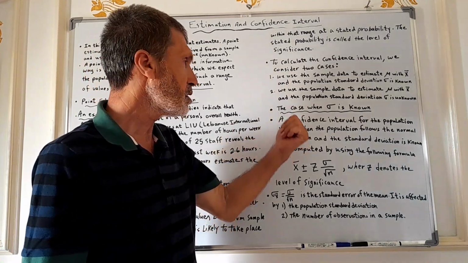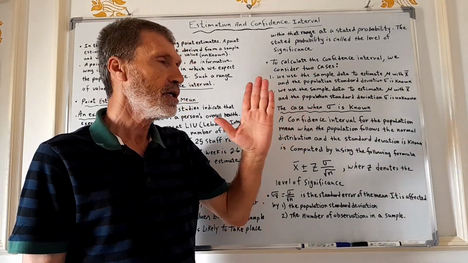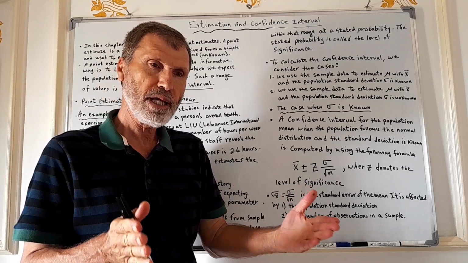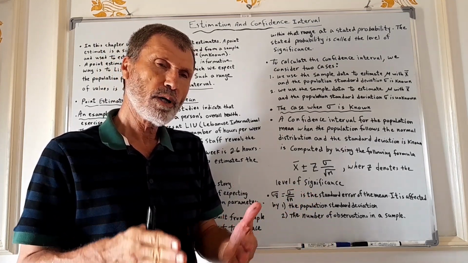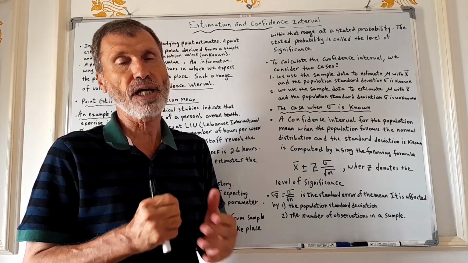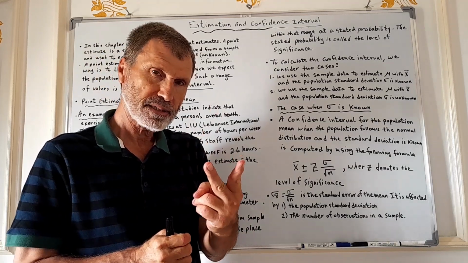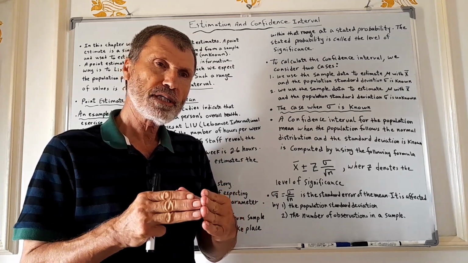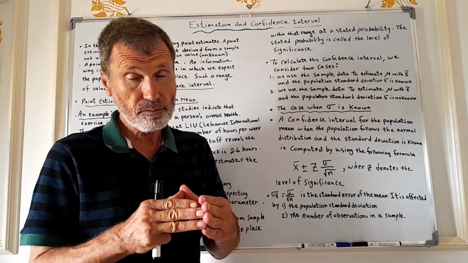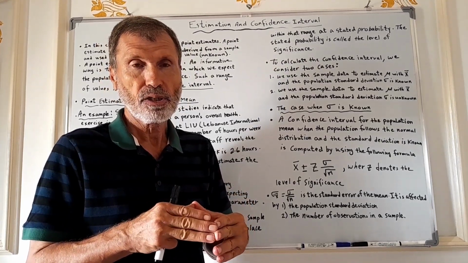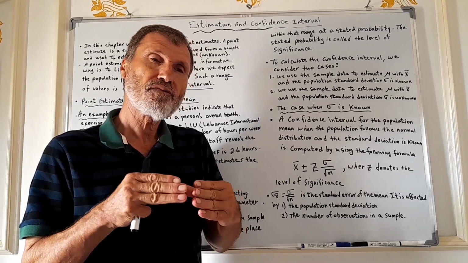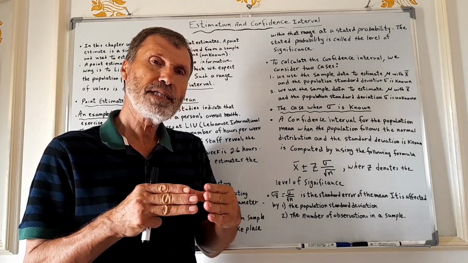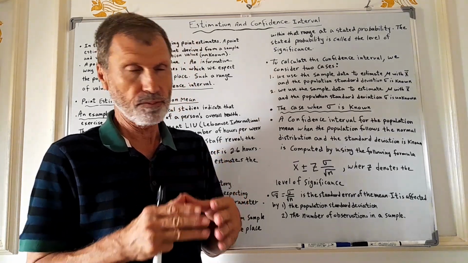The second situation is when the population standard deviation is unknown. So we have two cases: formulating the confidence interval when the standard deviation of the population is known, and formulating it when the population standard deviation is unknown.